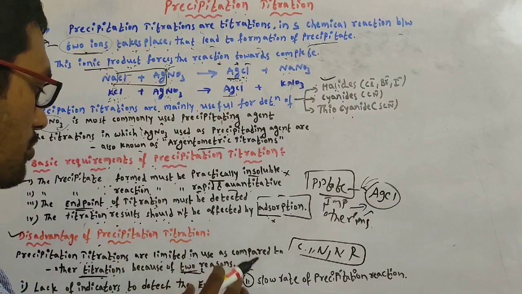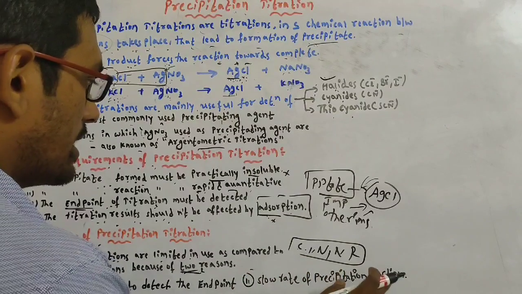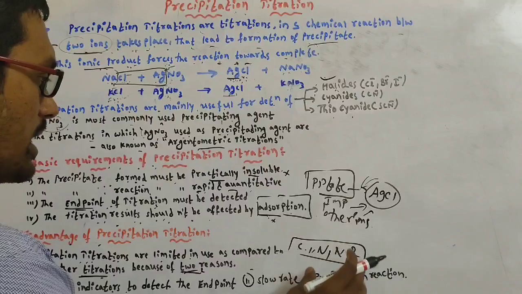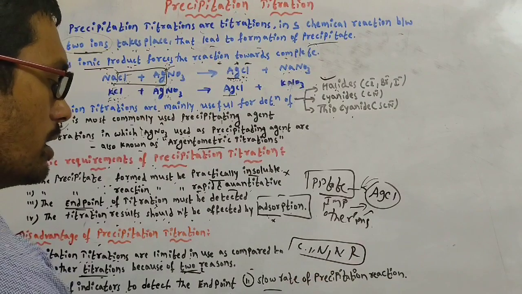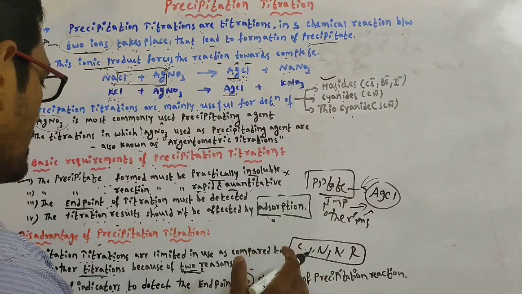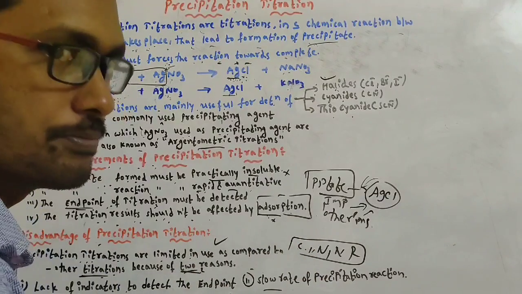Second, the precipitation reaction generally occurs very slowly. These are the disadvantages of precipitation titration.